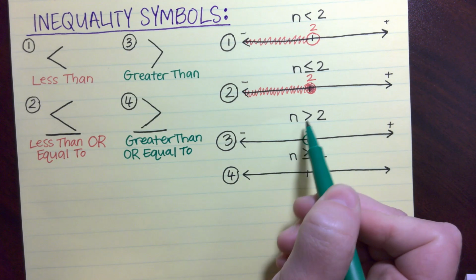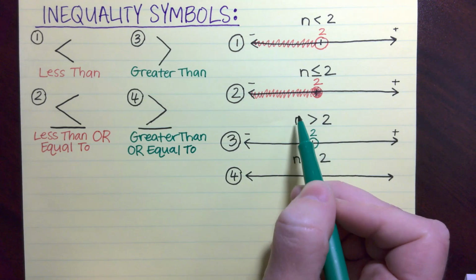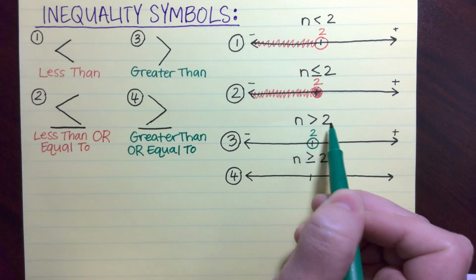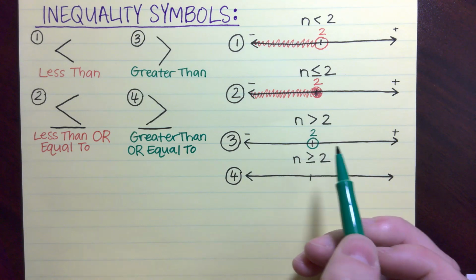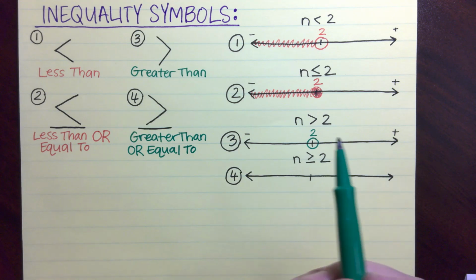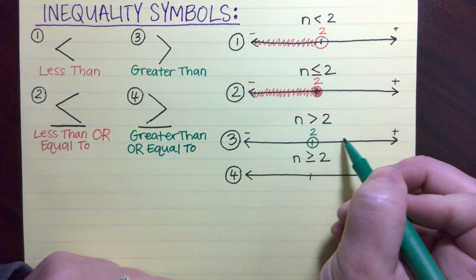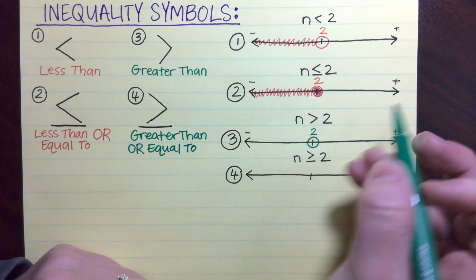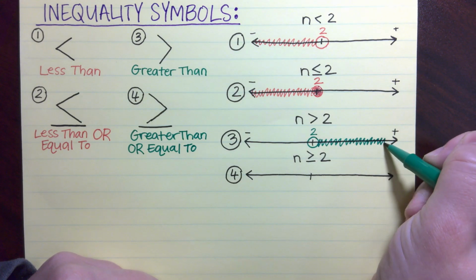No, it's not included. 2 is smaller than n, or n is greater than 2. So what we're trying to show on the graph is all the possibilities, all the numbers that n could be. So if n is bigger than 2, what direction do I shade? Right. To the right. The direction that the arrow is pointing. This way. Perfect.